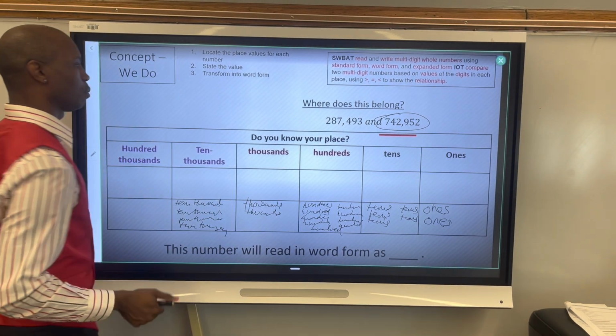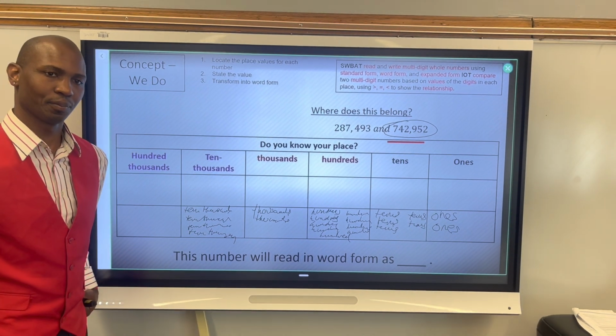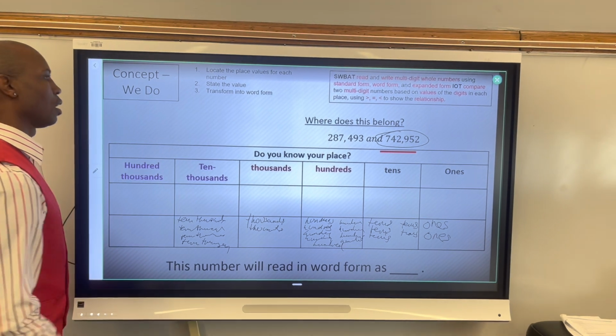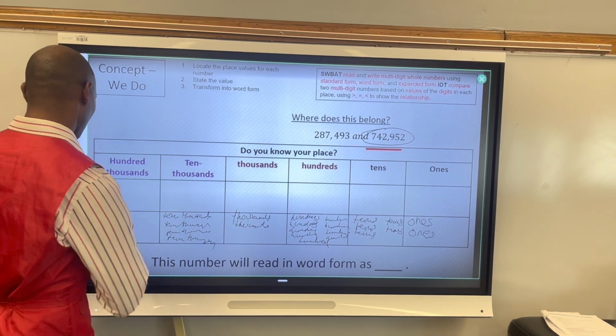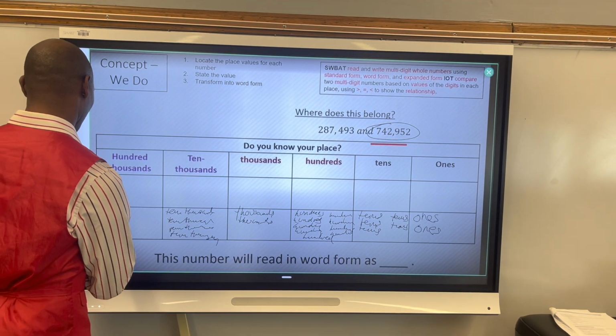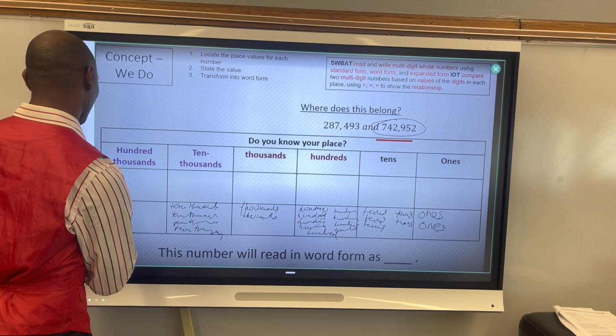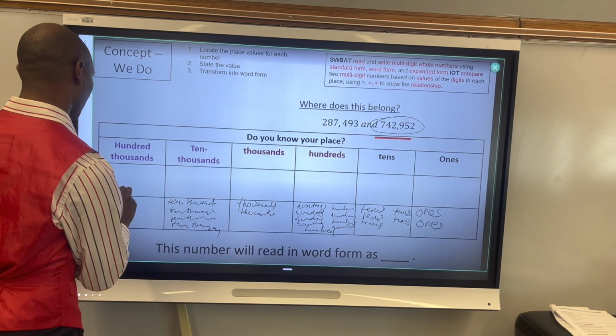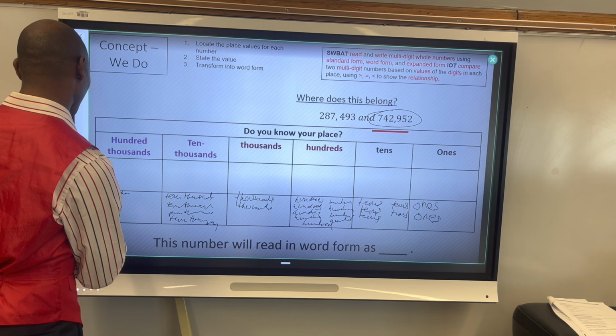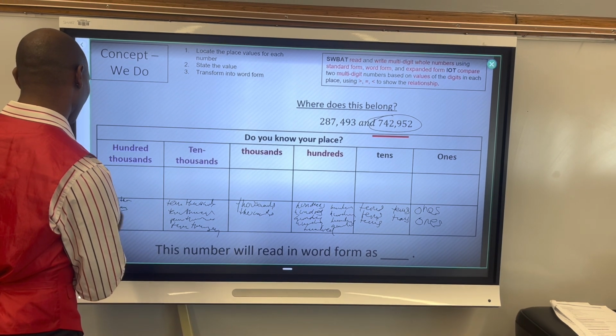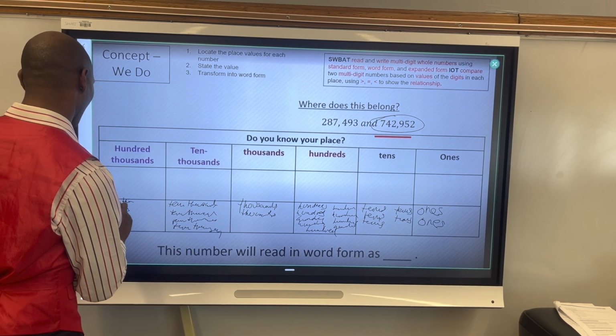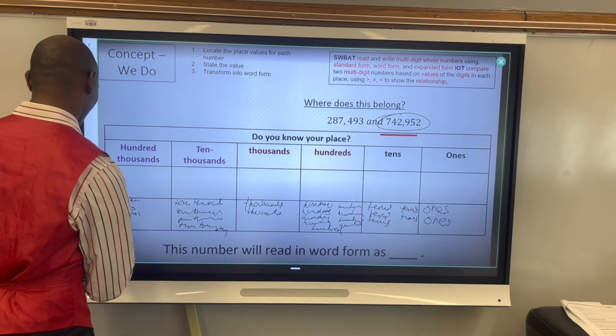And I have a number 7. Where would I place that? In my hundred thousands place, and I would write 100,000, 7 times. Okay? So because I have a lot going on here, I'm going to short form this so that I know when I'm writing, I can still account for it.